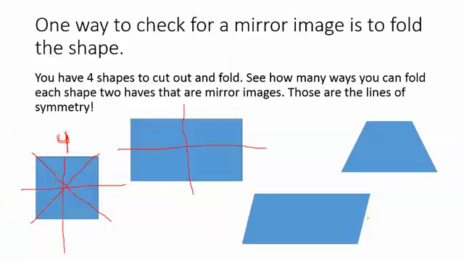The other one that we want to think about is this shape. Because this has 2 lines, people might think that this has 2 lines. This one doesn't. It has no lines. Just because you can cut it in half doesn't mean it's a line of symmetry. They're not going to meet up across from one another. This has 1 line. So you see, they really need a hands-on approach.